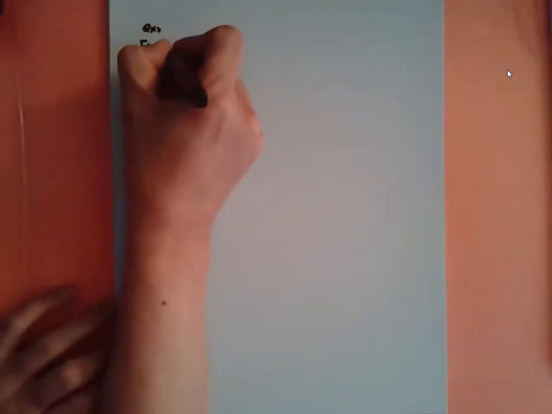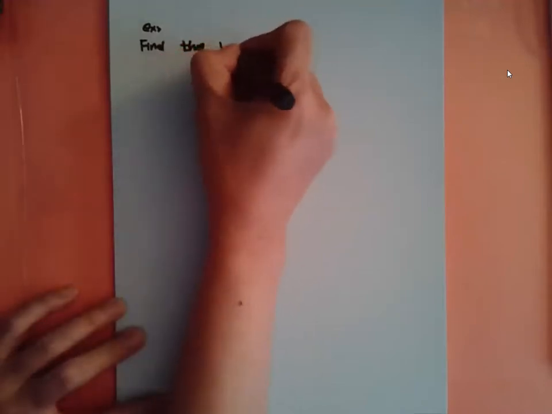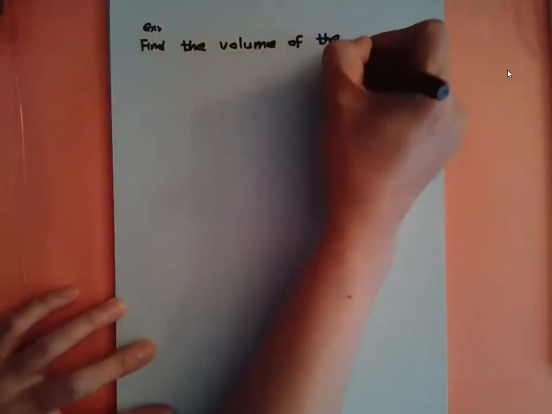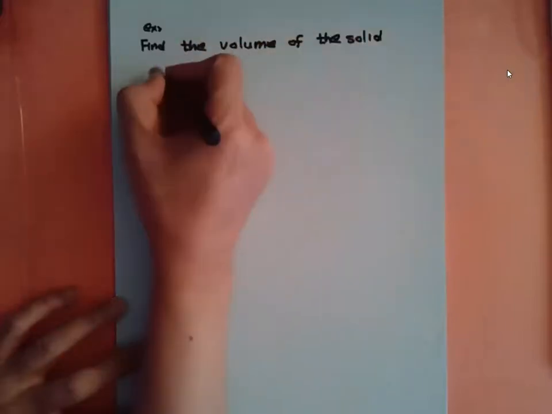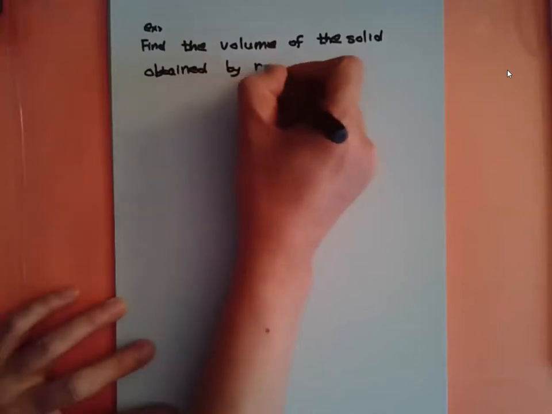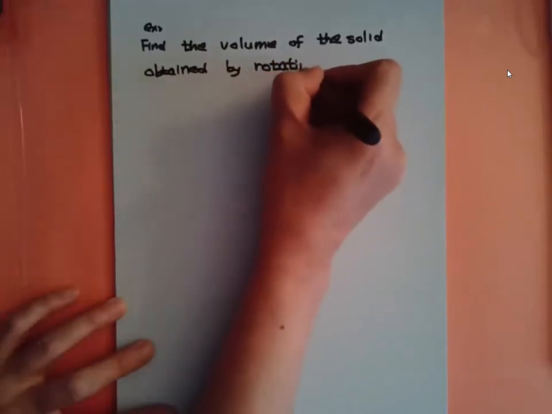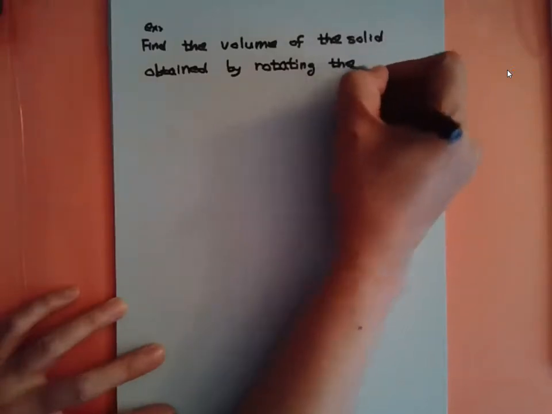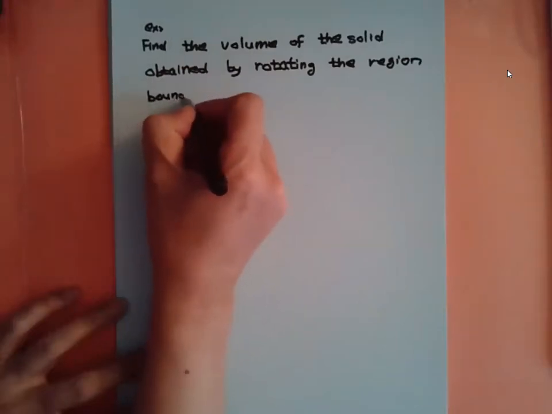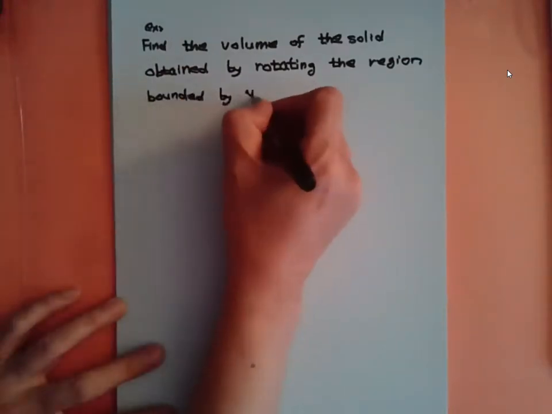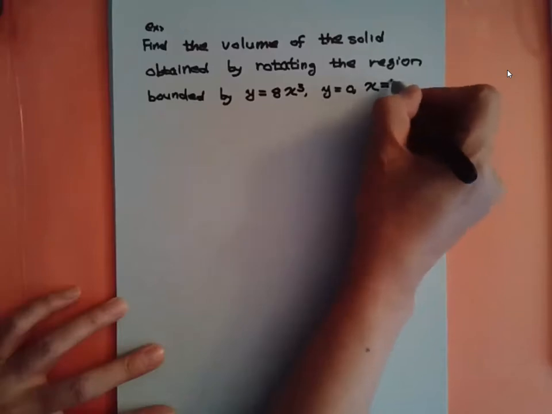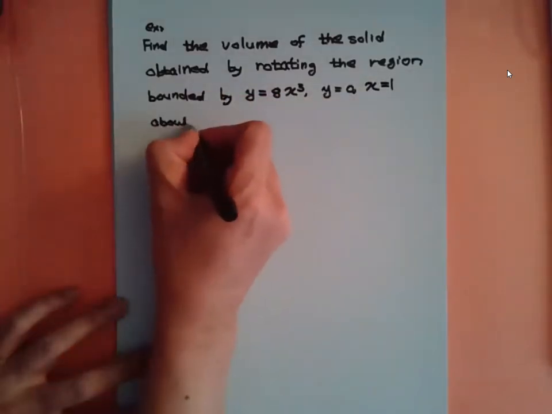Find the volume of the solid obtained by rotating the region bounded by y equals 8x cubed, y equals 0, and x equals 1 about x equals 2.